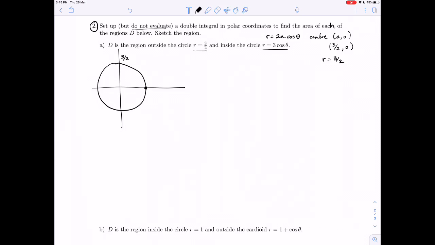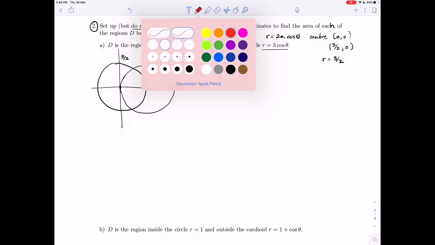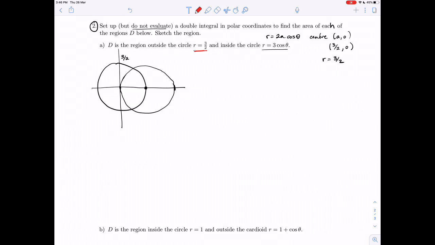It has a radius of 3/2, so it's going to come up centered on the x-axis and look something like that. So let's add a little bit of color. Here is our curve r = 3/2. I'll add this in red, and the other circle in blue.